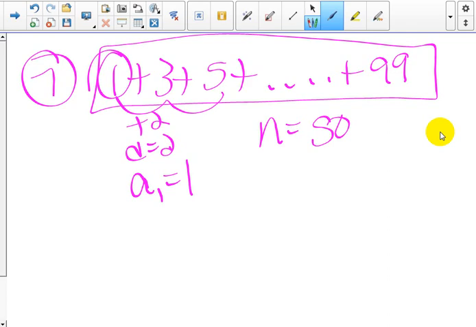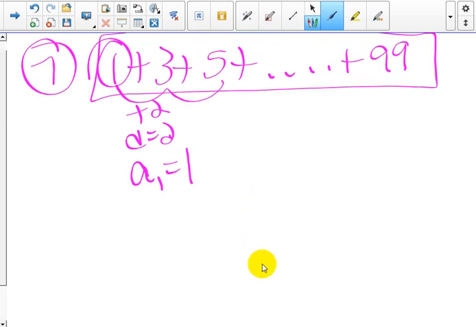So they said find the number of terms, then find the sum. But actually, we're going to calculate the number of terms, because that might be hard for some to see, and it might not always work out that way. What if we're not counting by 2's? So let's see formally how to do this.